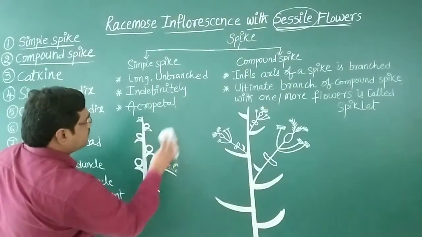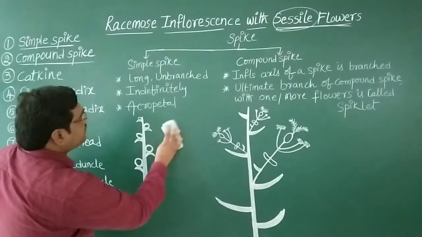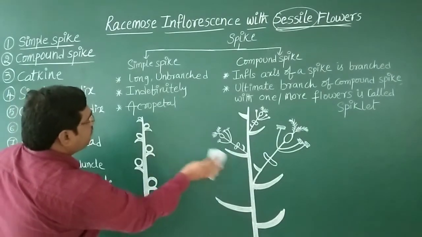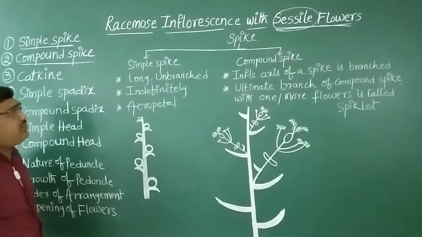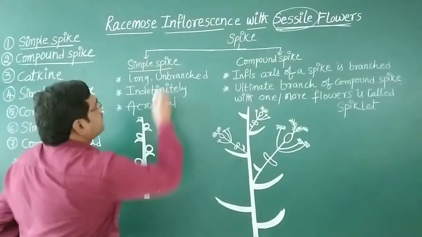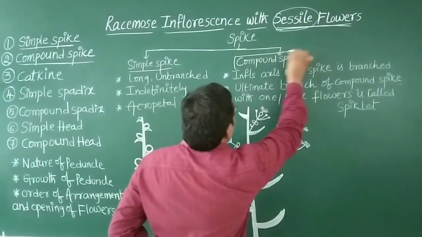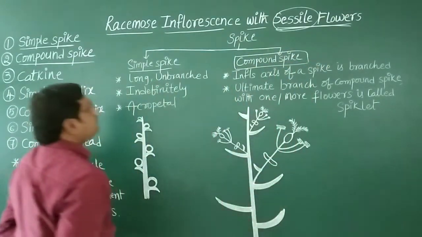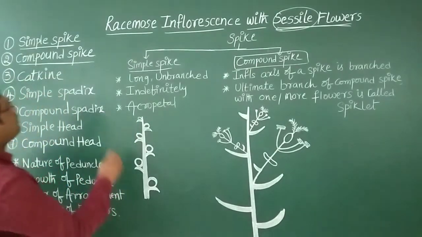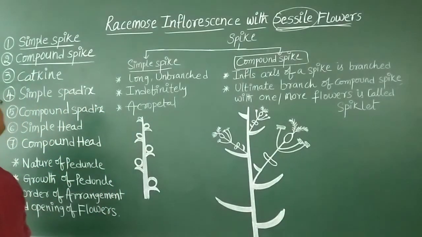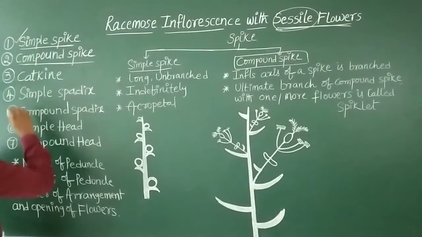In this topic, I am going to discuss only the main differences between the simple spike and the compound spike. See here, these are the first two racemose inflorescences with sessile flowers. This is the simple spike. This is the compound spike.